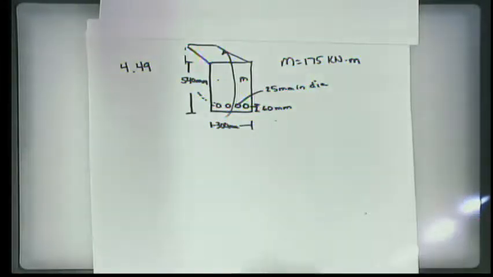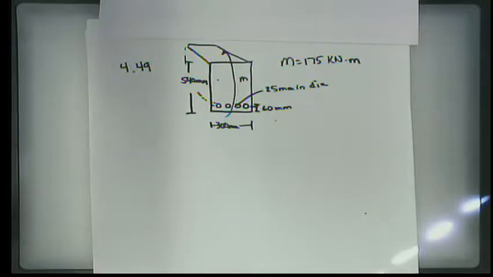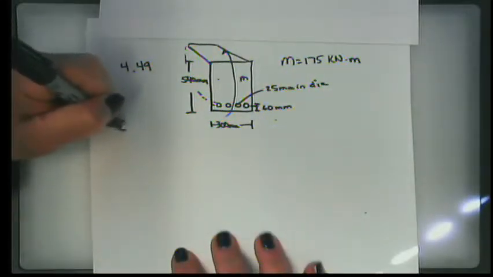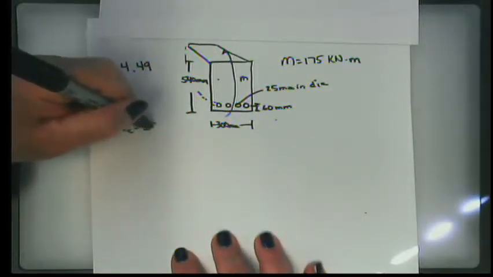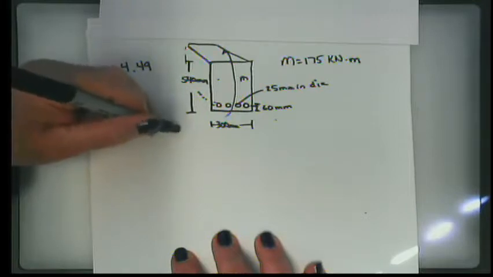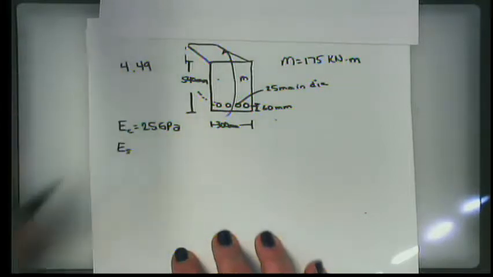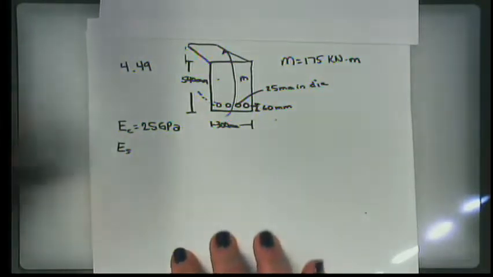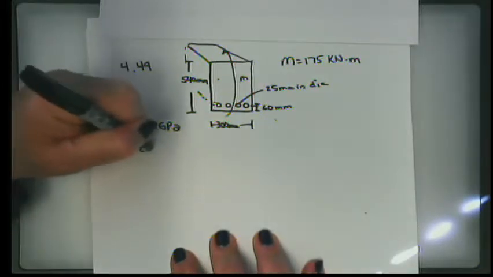Okay? Knowing that the modulus of elasticity for the concrete is 25 GPa, gigapascals, and the modulus of elasticity for the steel is 200 GPa.